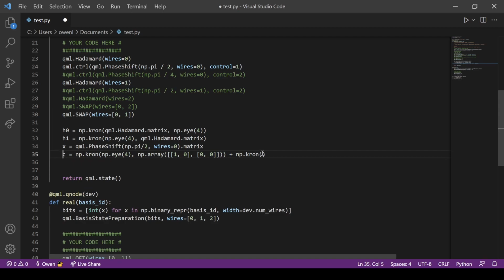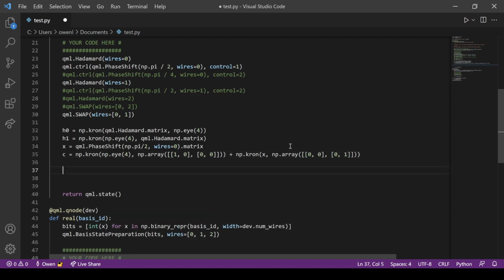So then we have our phase shift here, which is X. So we want to do X comma outer, I guess, or I can do it as an array, and then the outer product, which is 0, 1, 0, 1, should be 0, 0, oh, this needs to be 0, 0, 1. There we go. Let's do it.